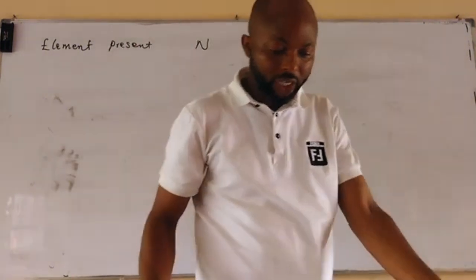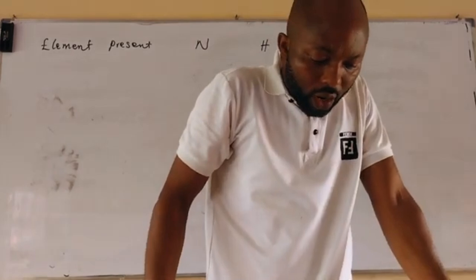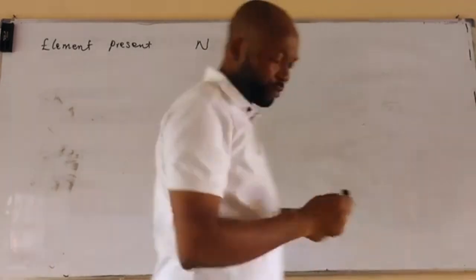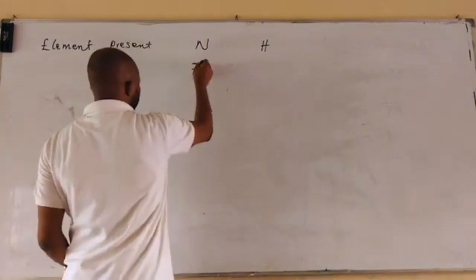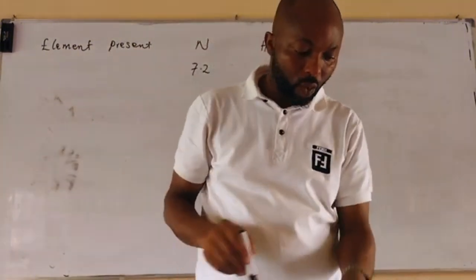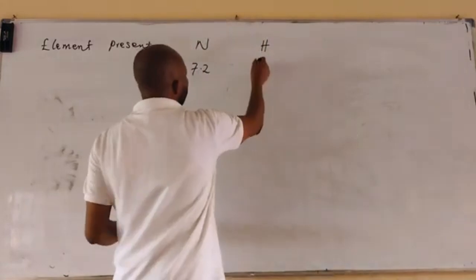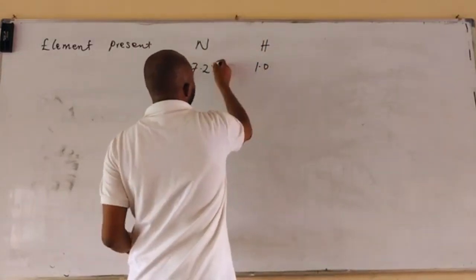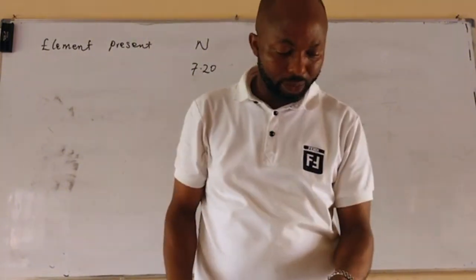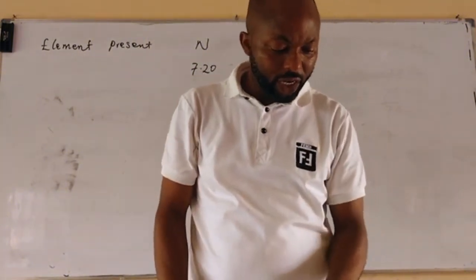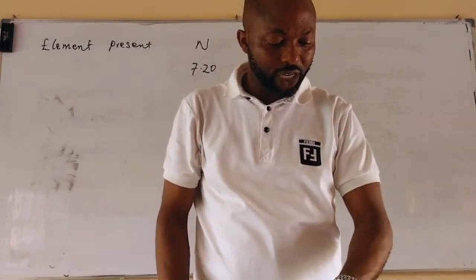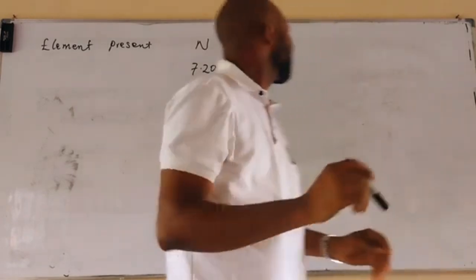Nitrogen is 7.2 grams and hydrogen is 1.0 gram, which is the mass of hydrogen. If the relative molecular mass of the compound is 32, determine its molecular formula.